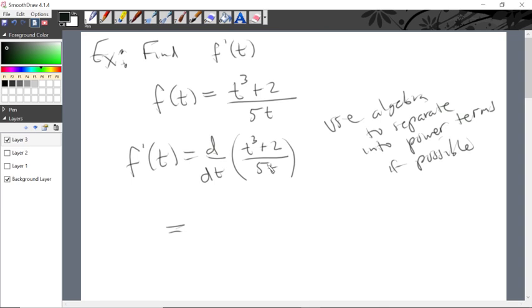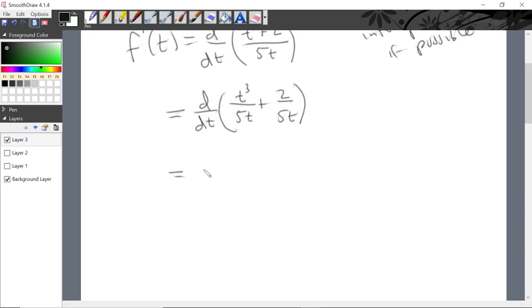In this case, this is what we could do. They're over a common denominator 5t, so we have t cubed over 5t plus 2 over 5t. A little more algebra here to simplify. T cubed over 5t is the same as t squared over 5. And 2 over 5t, well, that's the same as 2/5 times 1 over t.